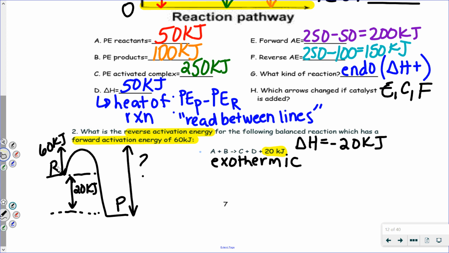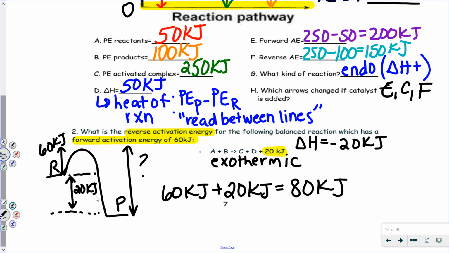They give me the forward activation energy, which is from reactant to the top of the curve. So if I wanted to know the reverse activation energy, this total distance here, I simply just have to add those values. So 60 kilojoules plus 20 kilojoules gives me a reverse activation energy of 80 kilojoules.